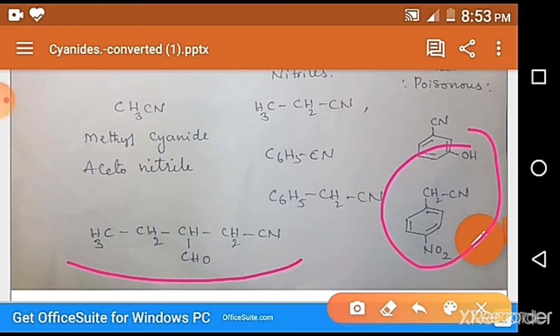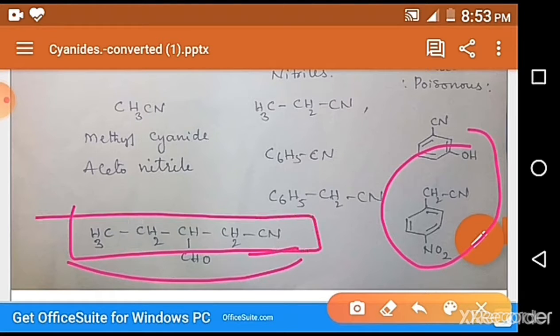Coming to this compound, where a cyanide group is there and a formyl group is there, we have to give priority to the cyano group. That's why this is a cyano compound. This is the longest chain. We have to give the number for the cyanide carbon also, first carbon in the IUPAC nomenclature. Or in the common method, it's alkyl.